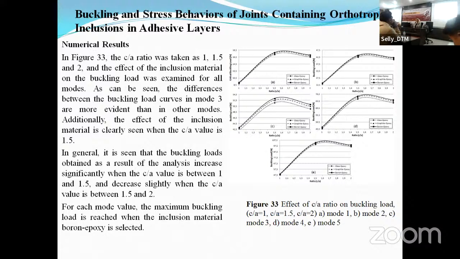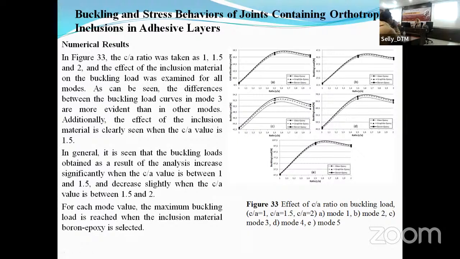And another part, at that time, the shape is a circle. C over A is equal to 1. And they are using it like that. It's elliptical, but on another side, it's the horizontal side at that time. You can see the effect of the inclusion material.